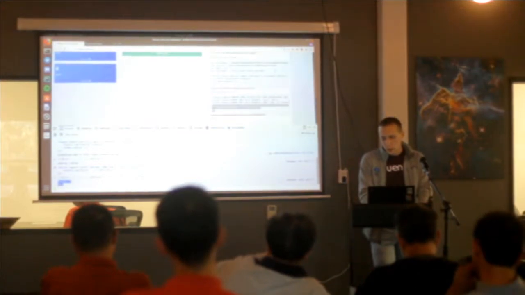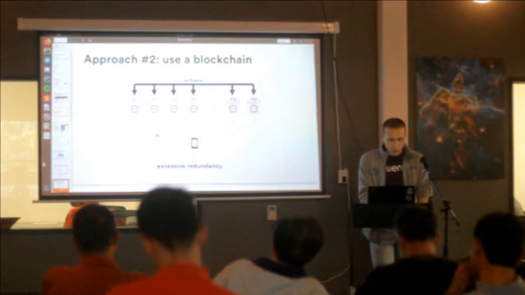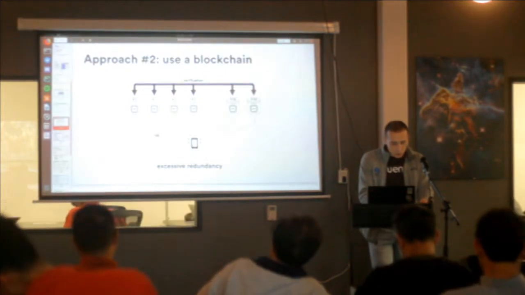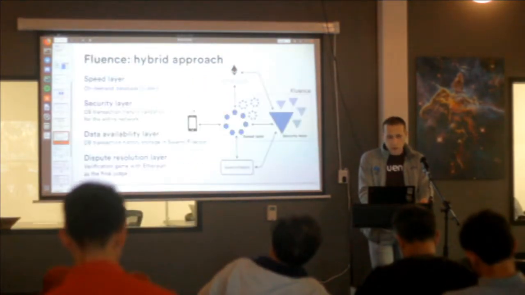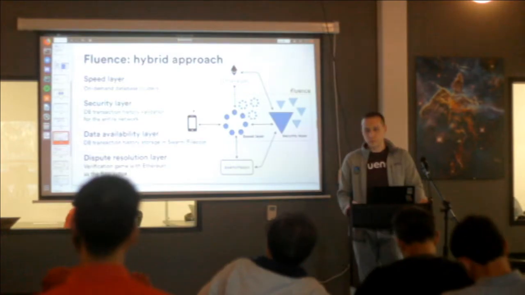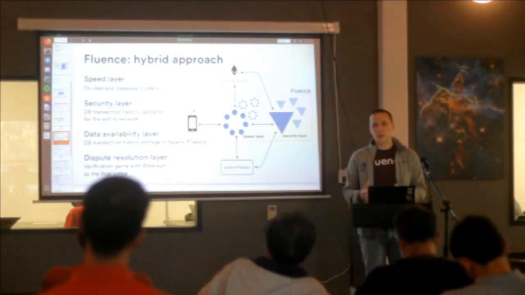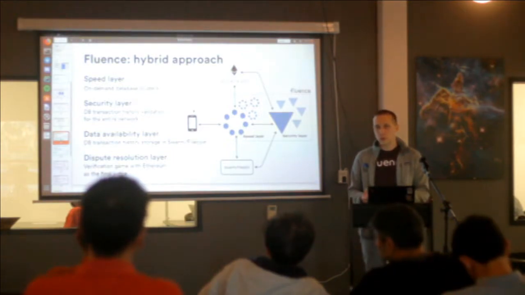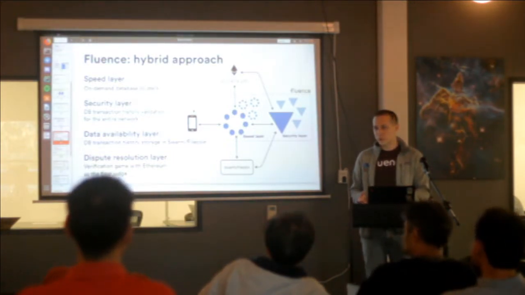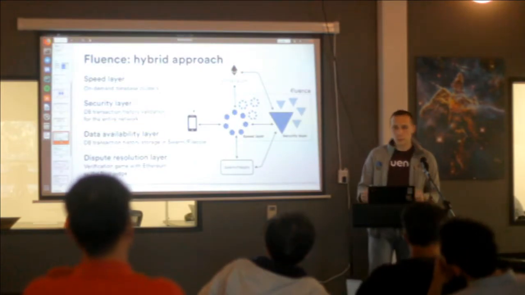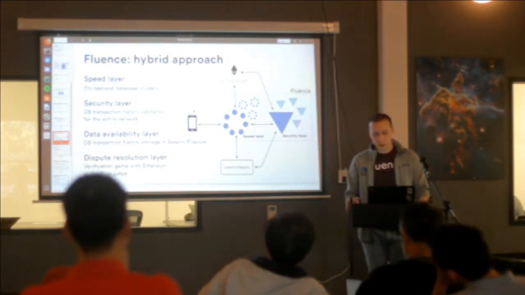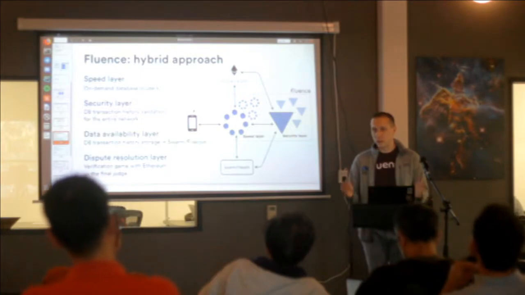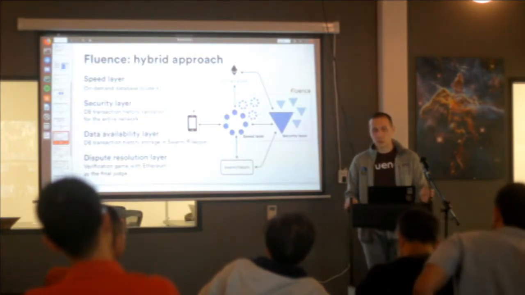The way we do it is that we use a hybrid approach. We think that without the computational engine, it's not really possible to run arbitrary queries. What we basically do is split all of the nodes in the decentralized network into a few layers.